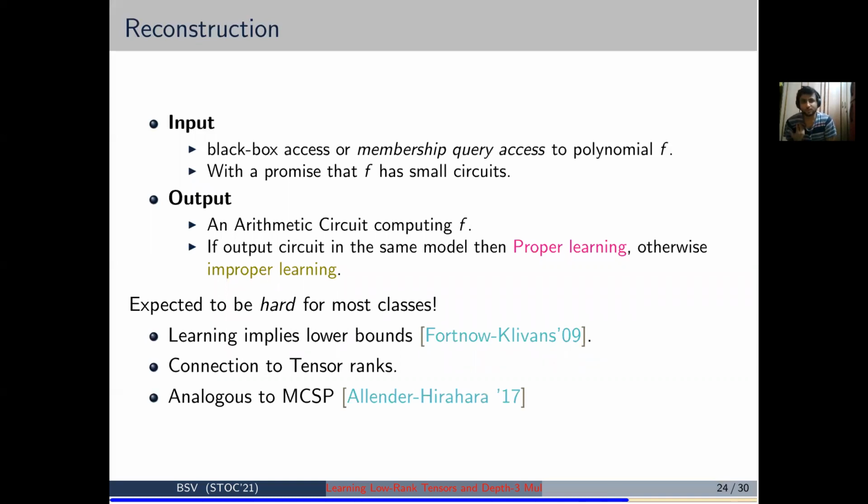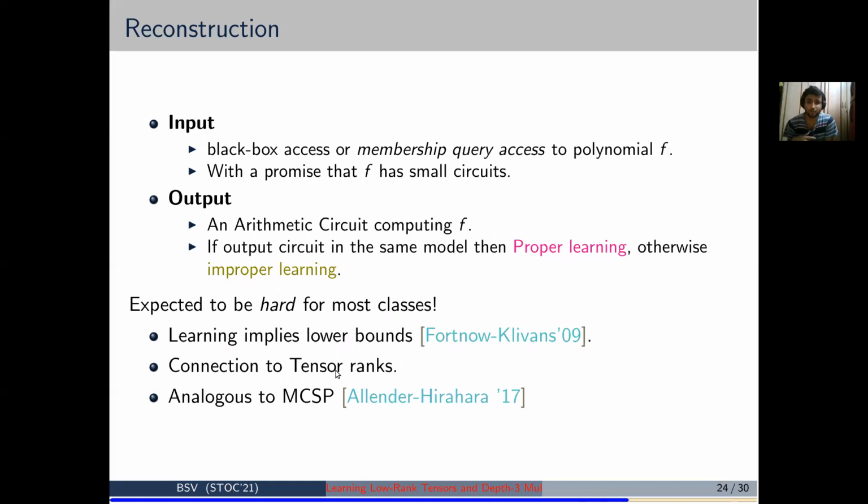So the problem of circuit reconstruction is expected to be really, really hard for most of the classes. Some reasons for it are the following: if you can learn a class, then you can have explicit lower bounds for it, which we find really hard to prove.